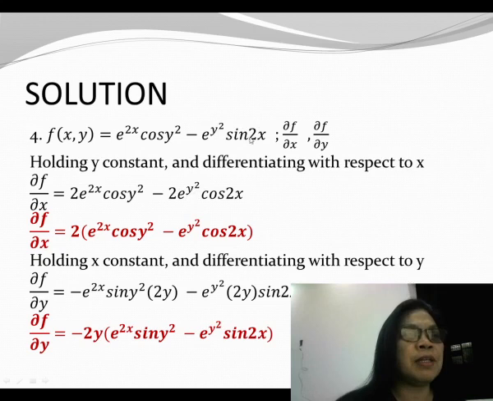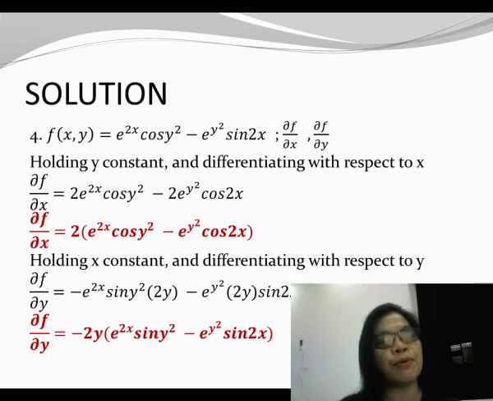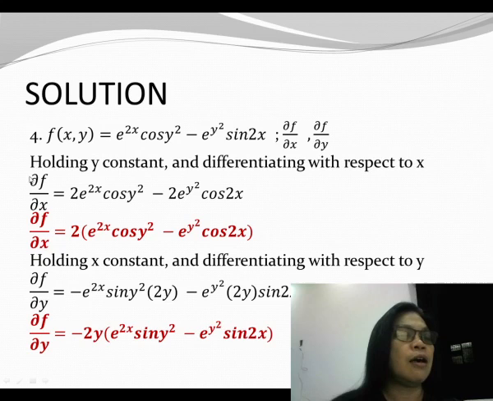Then we can simply differentiate sine 2x; the derivative of sine is cosine 2x, and the derivative of 2x is 2. So for the partial derivative of the function with respect to x, you can factor out the 2 in order to simplify it. So we have 2 times e raised to 2x cosine y squared minus e raised to y squared cosine 2x.